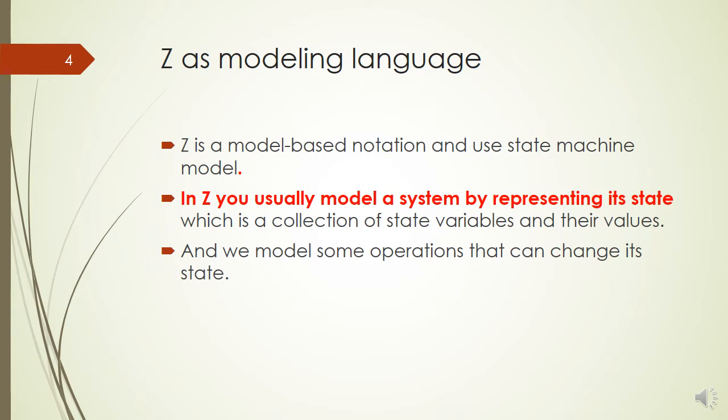Therefore, in the Z language, we usually model a system by representing its state, and a state of a system is basically a collection of state variables as well as their values, and it also includes some invariant property, and we model some operations that can change its state.